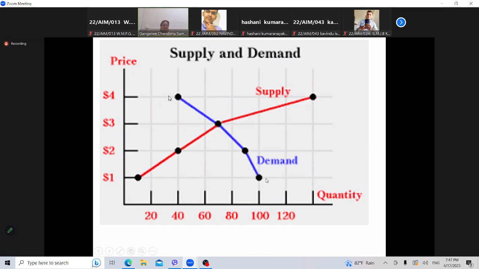When it's $4, the quantity is 40 kilograms. But when it is 3, quantity is 65. When it is 2, the quantity is near 100. So when price is decreasing, the quantity demanded is increasing. But when the price is increasing, the quantity supplied is also increasing.